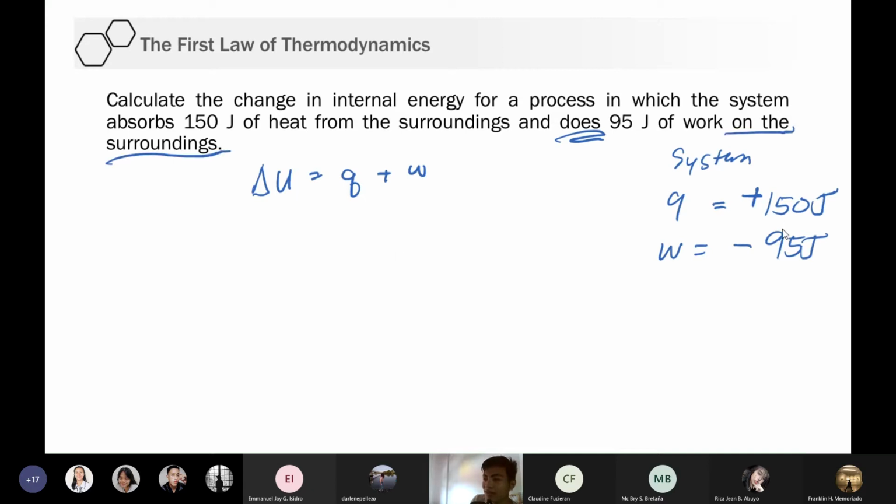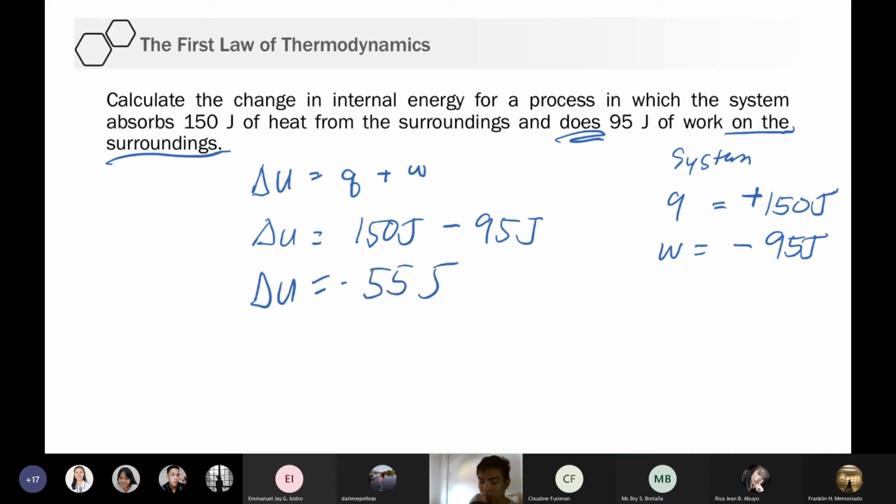So, basically, ipag-add lang natin to. Delta U is equals to 150 joule minus 95 joule. So, the internal energy of the system is, ito yung calcu ko. Ayoko i-mental. 150, 95. 55 joules. Okay.